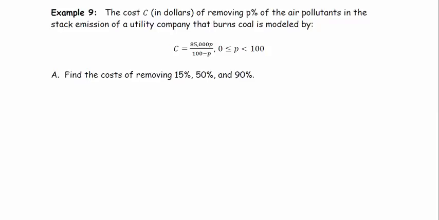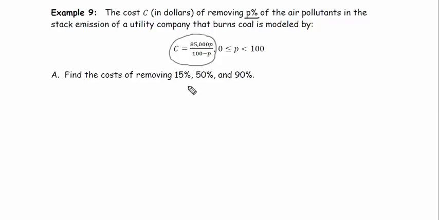Example 9. The cost C in dollars of removing P% of the air pollutants in the stack emission of a utility company that burns coal is modeled by C equals 85,000P over 100 minus P, where P has to be between 0 and 100, including 0, meaning the cost could be based on removing 0%, but you can never actually remove 100% of the air pollutants.